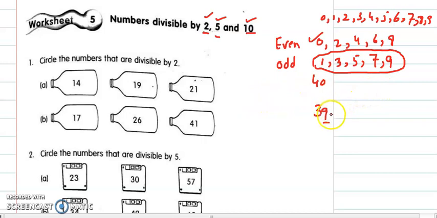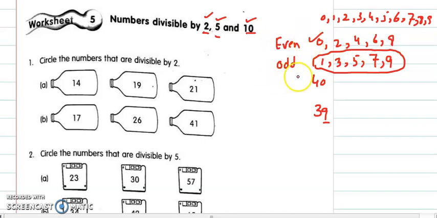Alright, so remember, all even numbers are divisible by 2. It means if the last digit of the number is 0, 2, 4, 6 and 8, then it is divisible by 2.